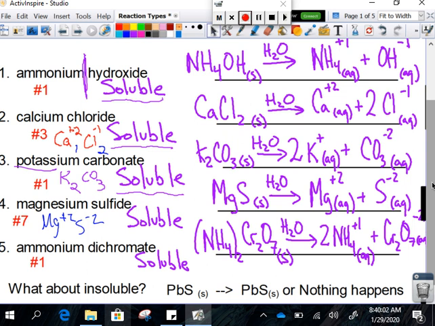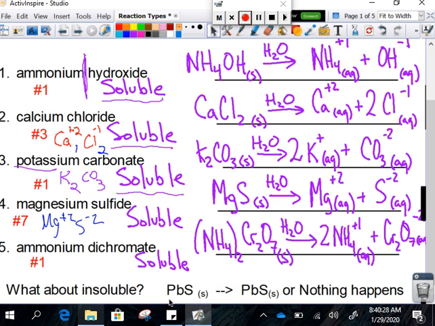The only problem we really ran into with questions 1 through 5 is we didn't have the counter example. All of these were soluble and they were all dissolving, and I don't have a counter example in this worksheet. So let's throw a counter example just on your paper right here. What about insoluble? Maybe you didn't see that there. It's hiding in black. Well, if it's insoluble, that means it doesn't dissolve in water. So we'd have a similar format.